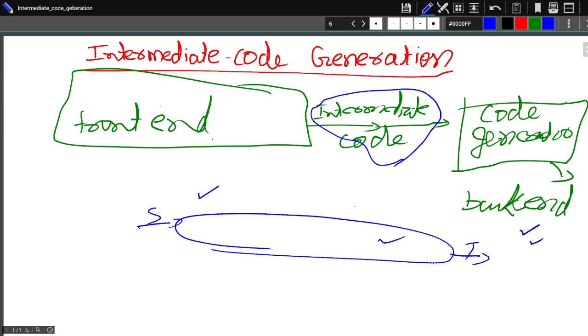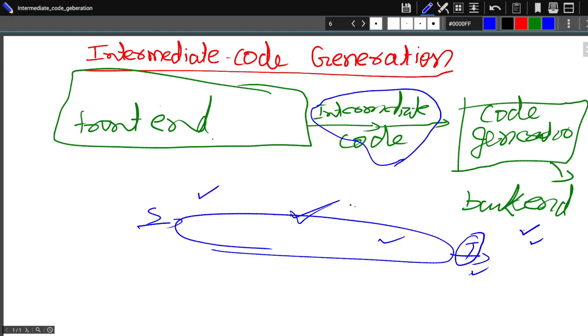But a target code to run on a particular machine is dependent on that particular machine. So if we write this compiler for each machine, it will be difficult. We will have to write many compilers, right?